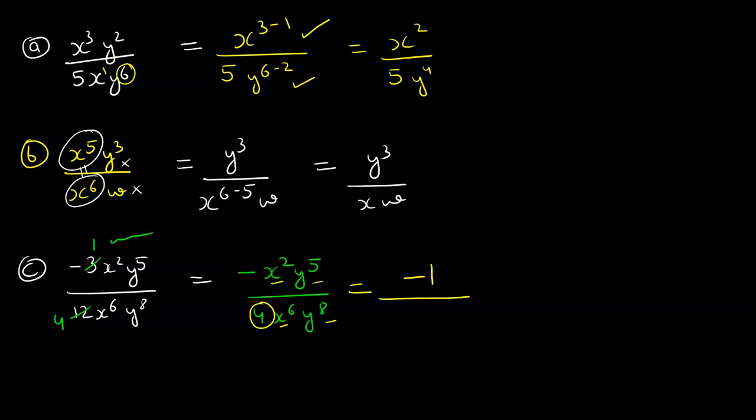We go downstairs, to the denominator, 4 x to the power of 6 minus 2, y to the power of 8 minus 5, and we get negative 1 over 4x to the power of 4 y to the power of 3. And that is our final answer.